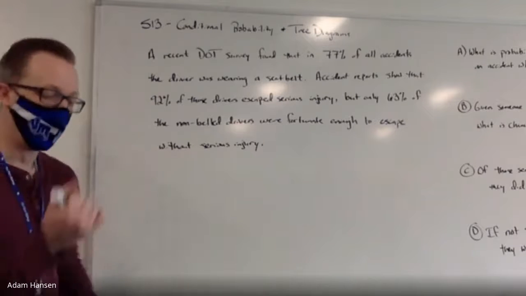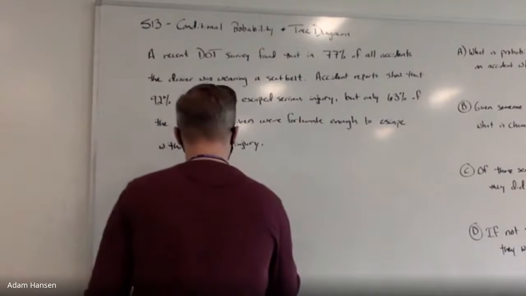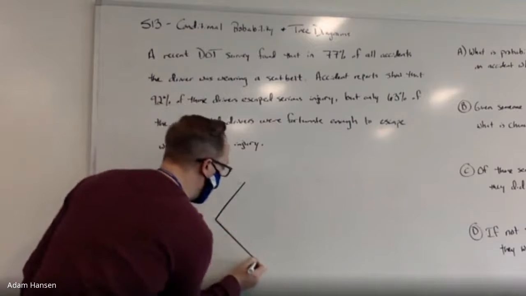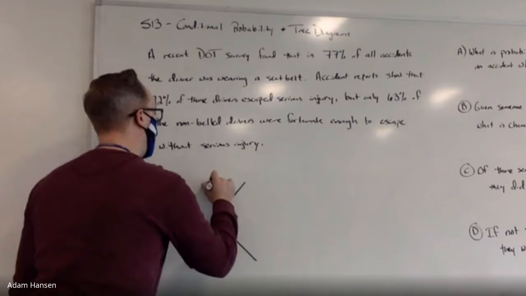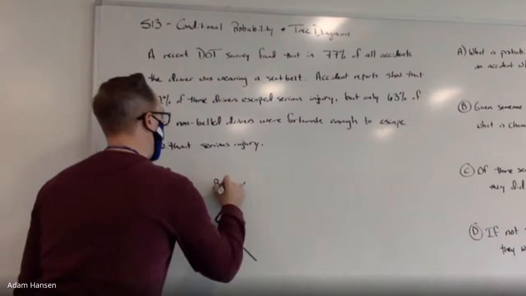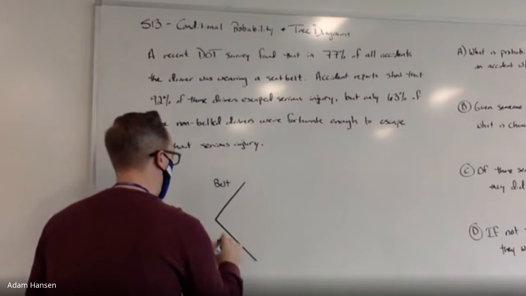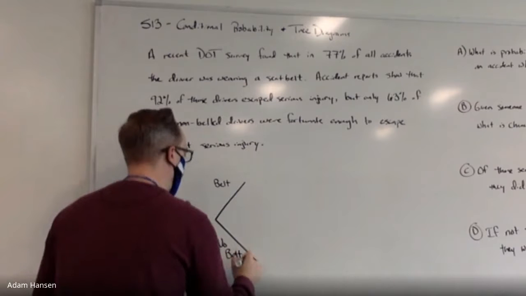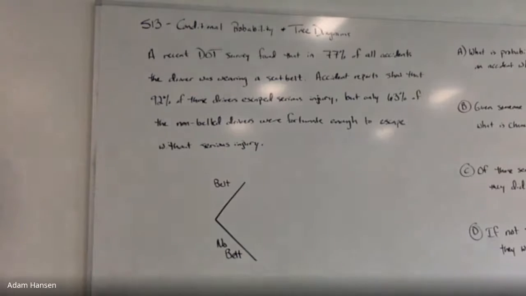Serious injury. So let's start piecing this out. The first event, wearing a seatbelt or not wearing a seatbelt. That's what has to happen first. We know you either wear a belt or you don't. Let's start there. Think about what has to happen first as you're making your tree diagram.